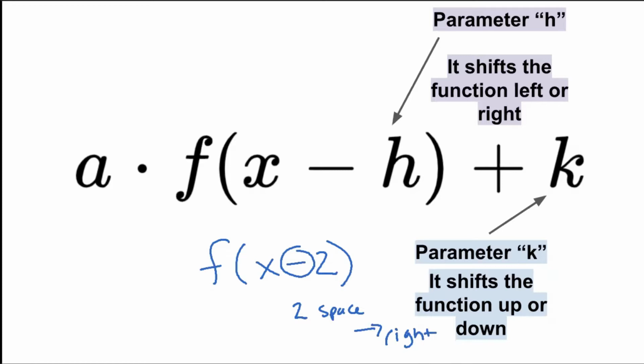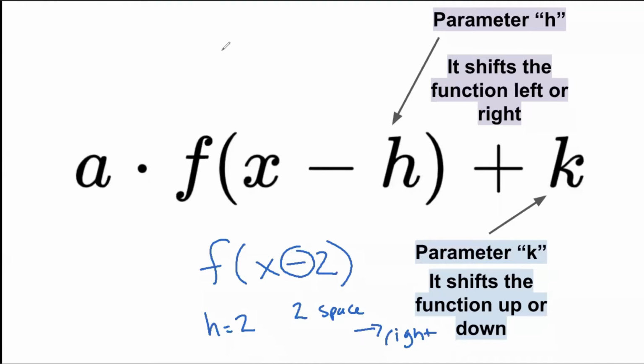Why? Because if I wanted to know what just h equals, well, the negative is already in there. I'm going to leave that negative in there and take it out. So it would just be positive 2.